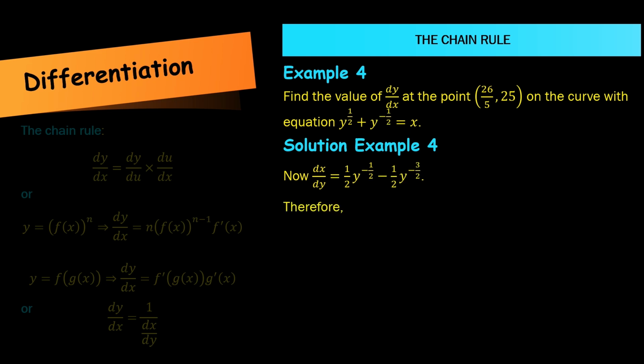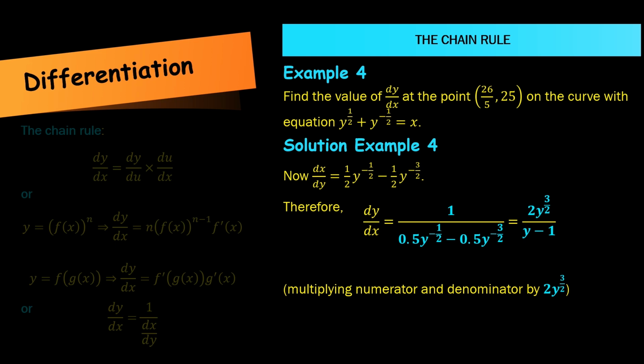And therefore dy dx is equal to 1 over dx dy, which is 1 over this expression as shown here. If we multiply the numerator and the denominator by 2y to the power 3 over 2, we have a much neater expression as shown here.